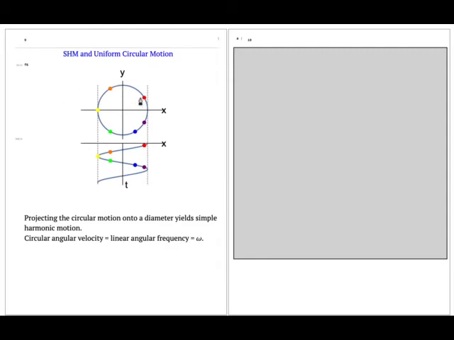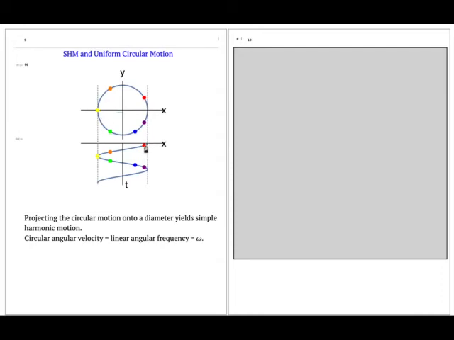Now project the position of the object on the circle down onto a diameter of the circle. Let's say the horizontal diameter. Project the position down to the x-axis. And then look at the position on the x-axis as the particle moves around the circle.